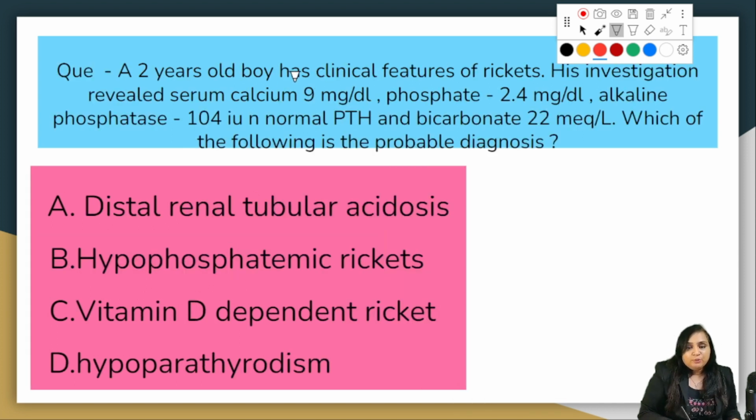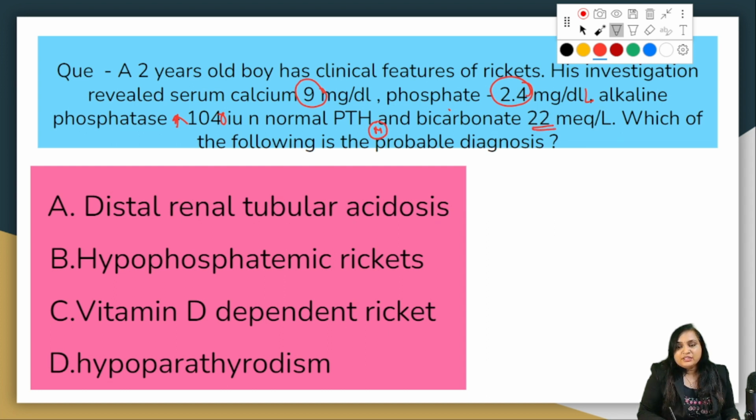A 2-year-old boy has clinical features of rickets. His investigation revealed serum calcium of 9, phosphate of 2.4 which is on the lower side, alkaline phosphatase of 1040 that is on the higher side, and a normal PTH.